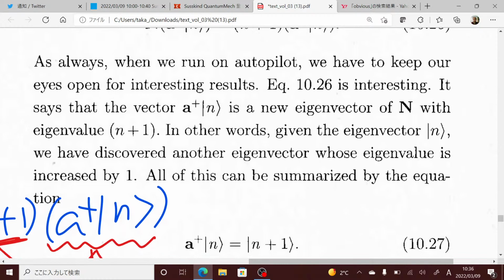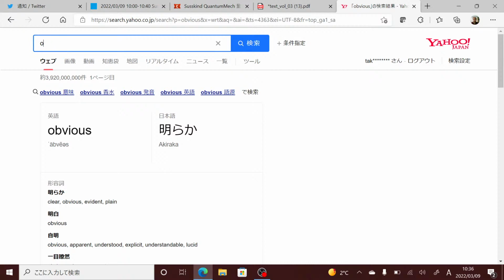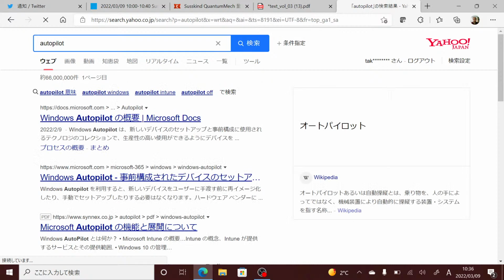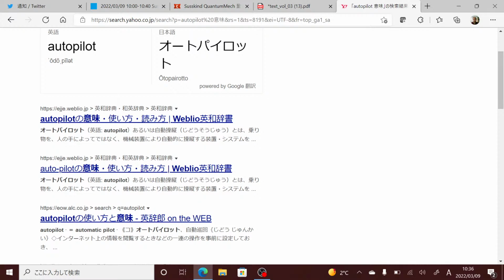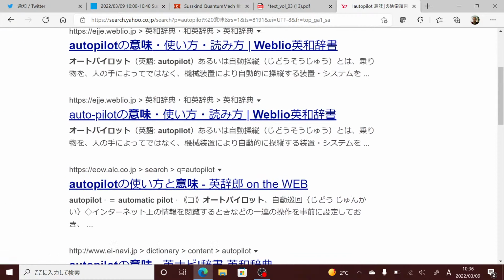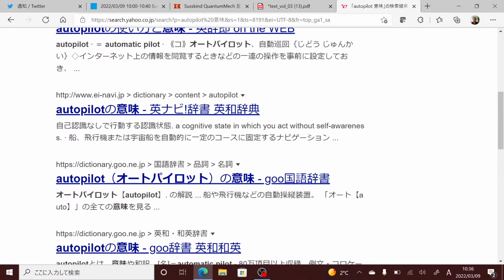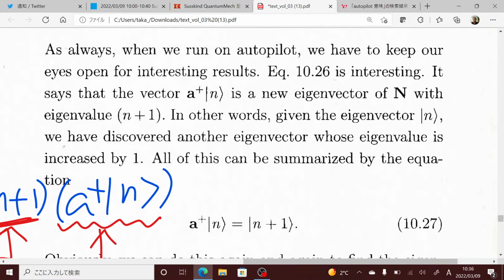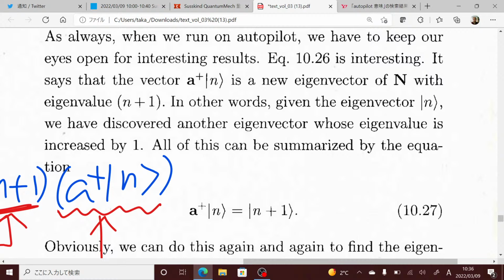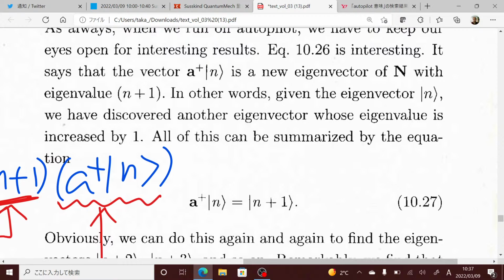It says that the vector a plus ket of n is a new eigenvector of large N with eigenvalue small n plus 1.